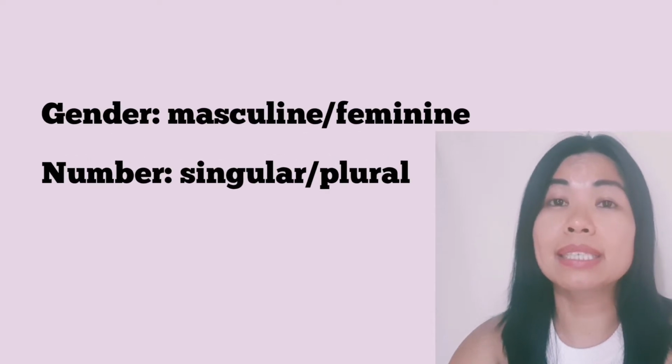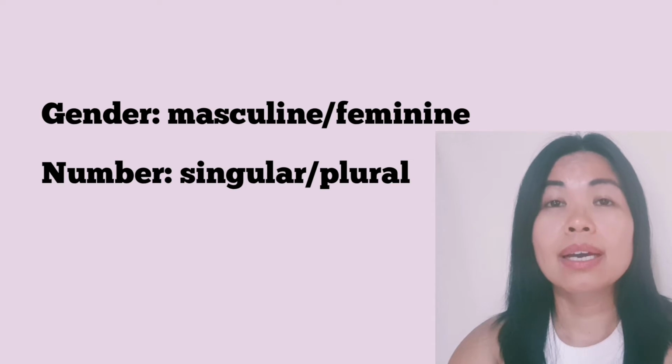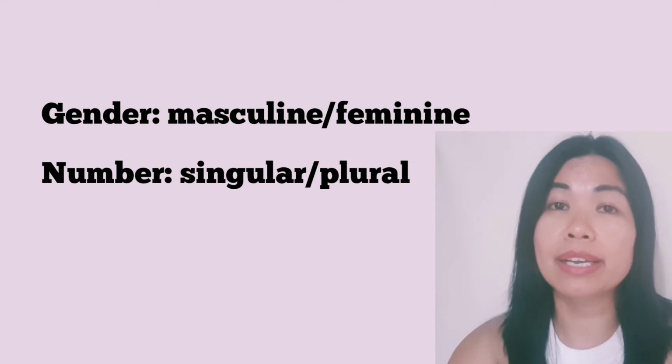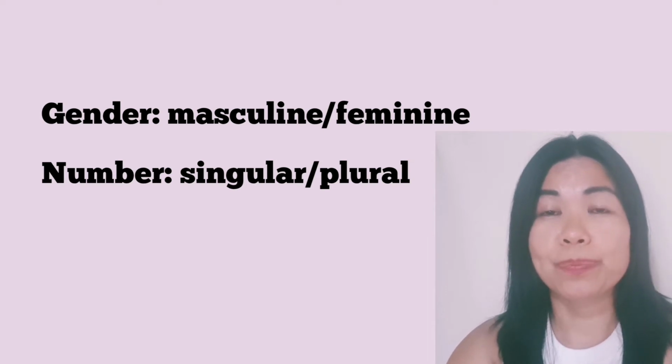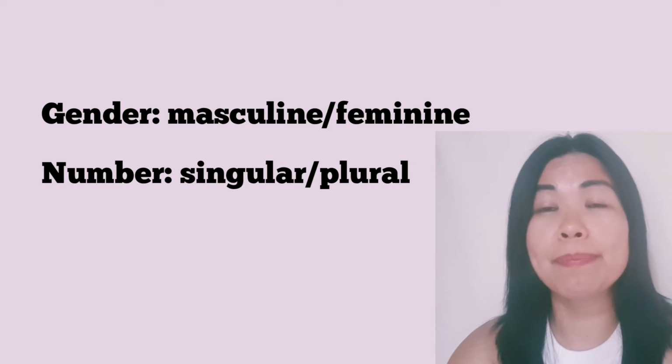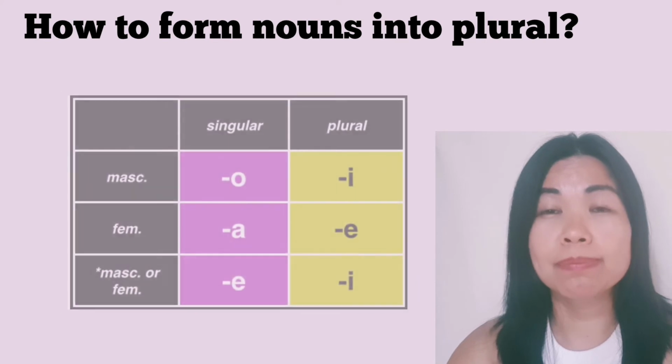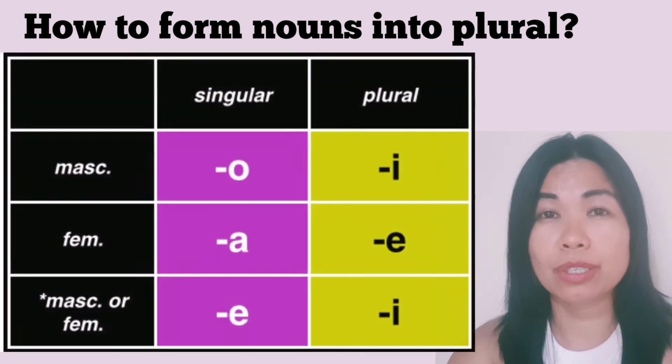So it is very important in Italian that you know the gender and the number of the nouns. I mean, you have to know whether they are masculine or feminine, and whether they are singular or plural. So, I already told you how to know if they are masculine or feminine. Now, we will learn how to form the plural of the nouns.